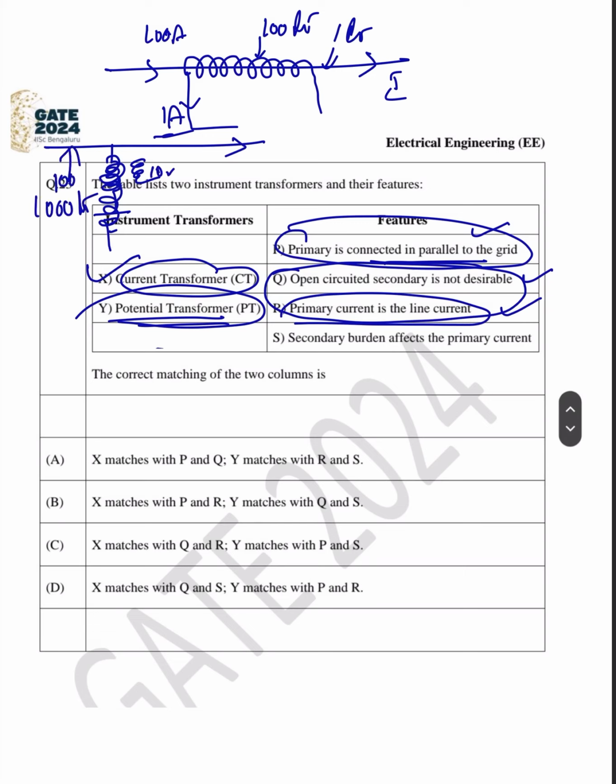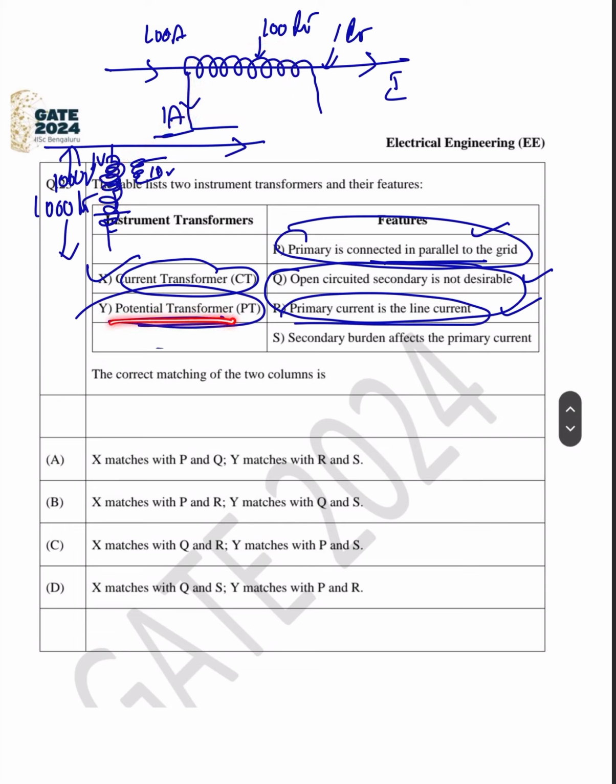Suppose this is 1000 volts. Turns per volt is 1 volt. I made the secondary 10 turns, so I get 10 volts in the secondary. So this winding is connected with the grid, the power transmission line. So the secondary has less winding; this is quite opposite to the current transformer.